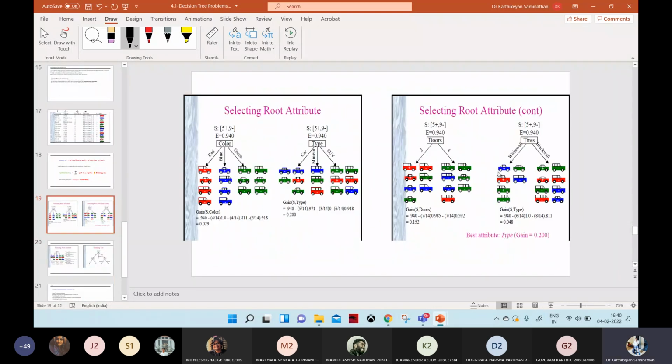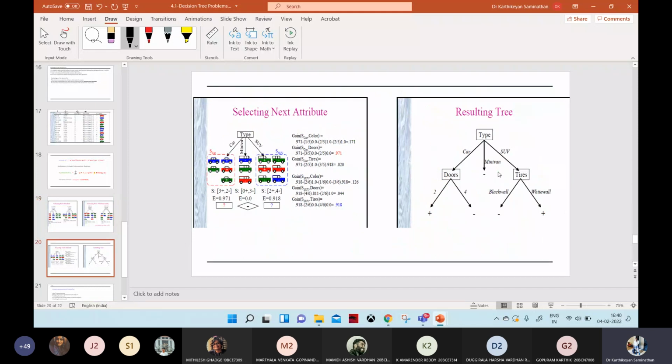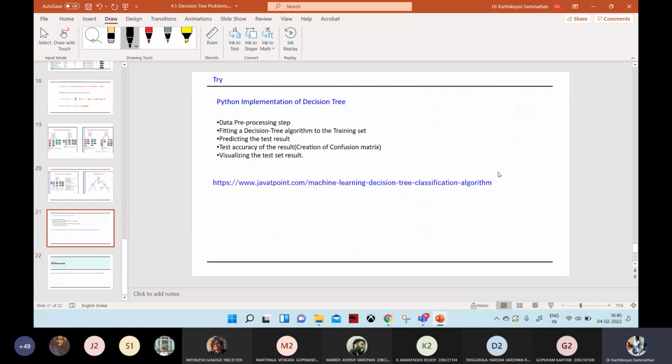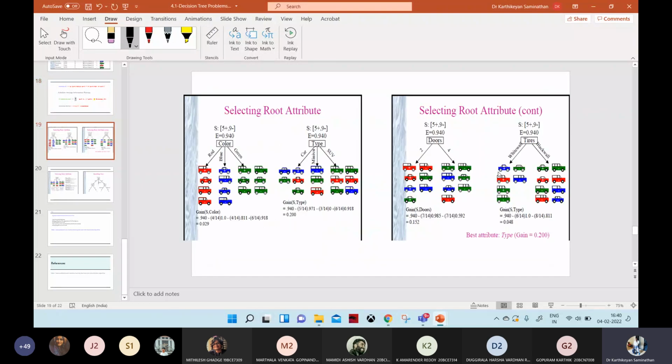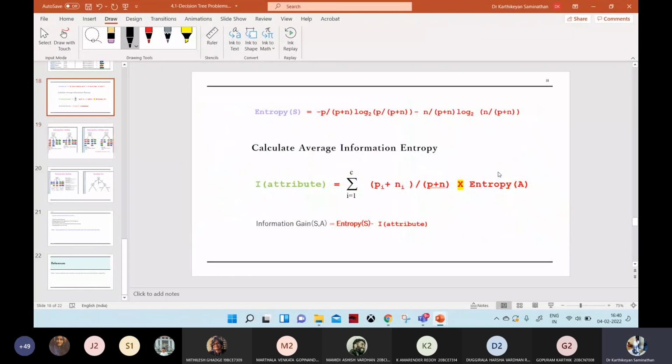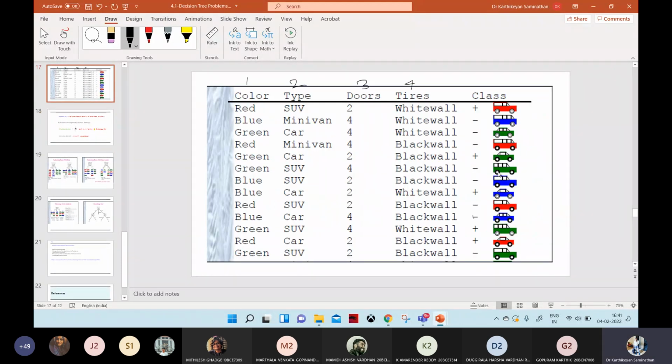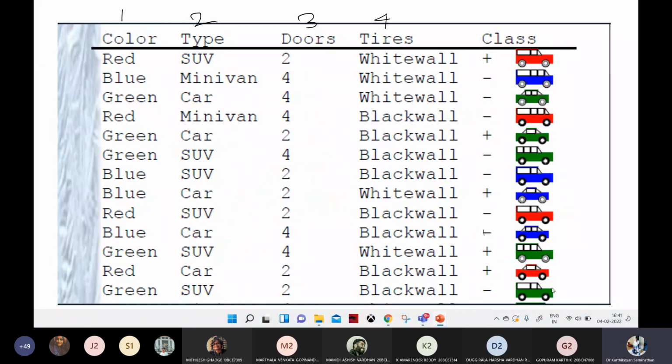It will come like this. You take a car and guess, what is your best idea? So, let's see. This is your question now.